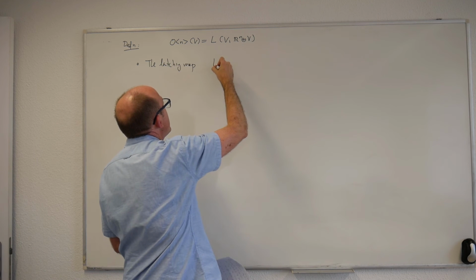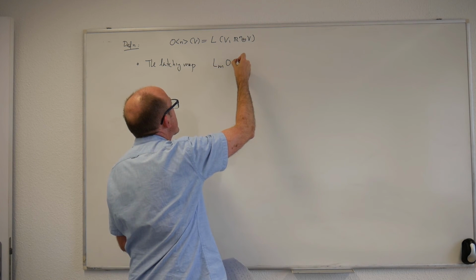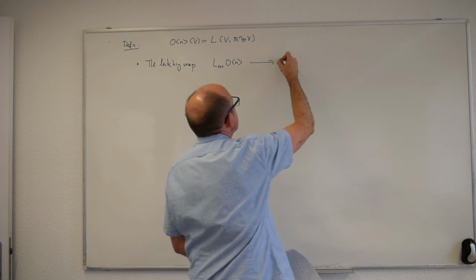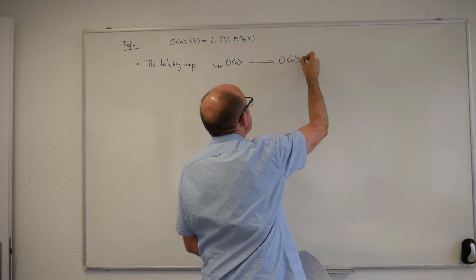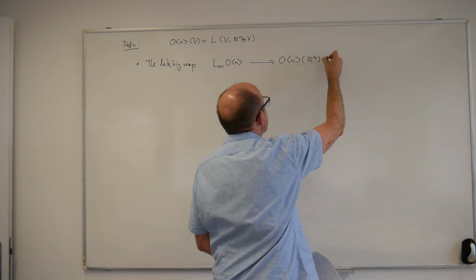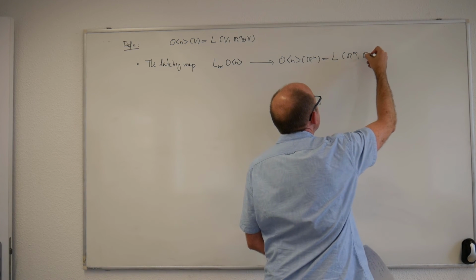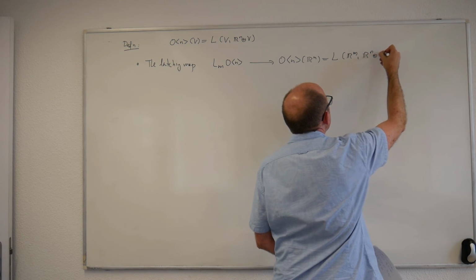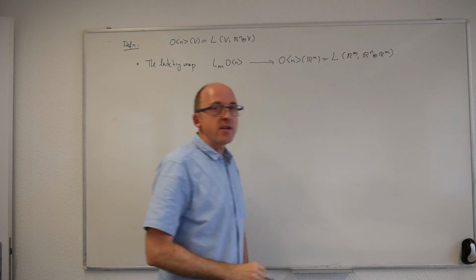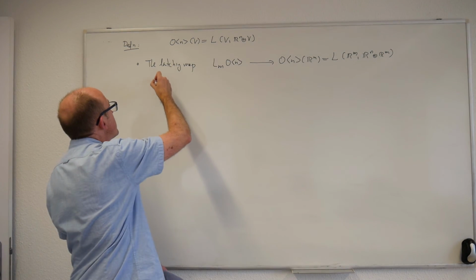The latching map, which goes from L_n of O pointy brackets n to O pointy brackets n at R^m, which is the space of linear isometric embeddings from R^m into R^n plus R^m. And again, this is a closed embedding.